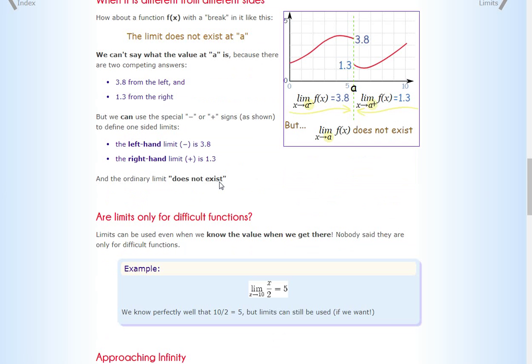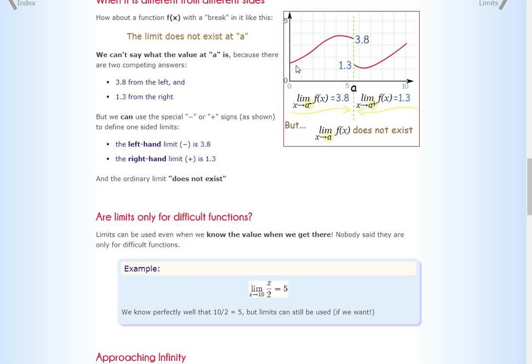If you have two sides of the function and they do not approach the same value from both sides, this is when we say the limit does not exist. And here is an example of where a limit does not exist.